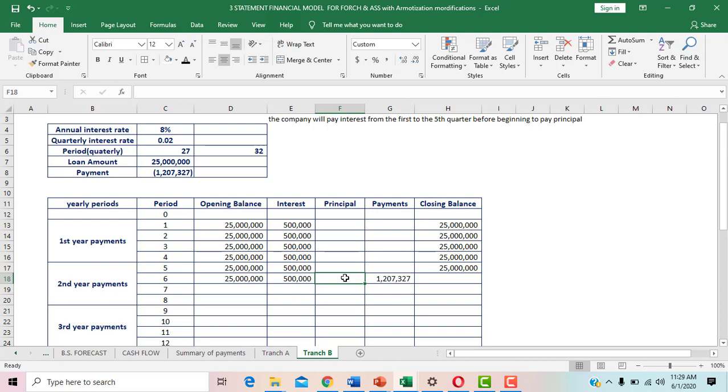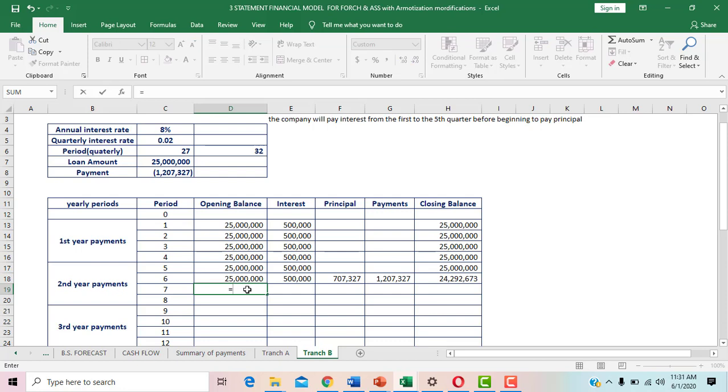The principal payment is going to be equal to payments minus the interest expenses. Our closing balance in the sixth period is going to be equal to the opening balance minus the principal. So we have a closing balance of $24,292,673.